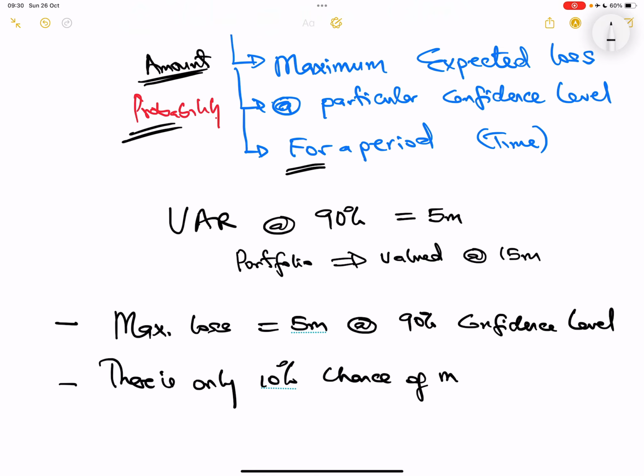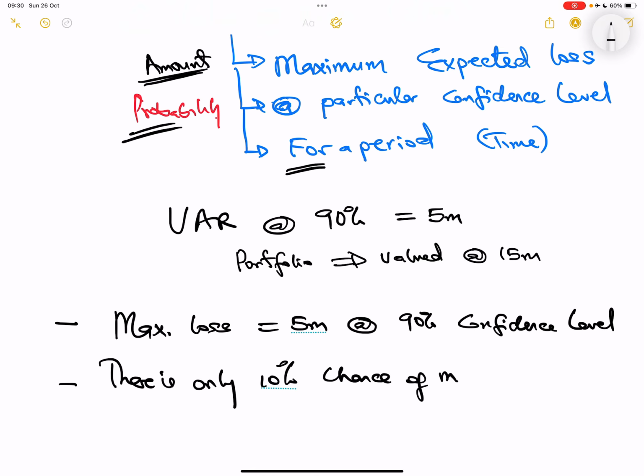Another way to say it, you might also say you only have a 10% chance of losing more than 5 million of your portfolio. And there's a 90% chance that your portfolio will always have a minimum value of 45 million. Because if you cannot lose more than 5 million, then you are guaranteed that at 90% confidence level.